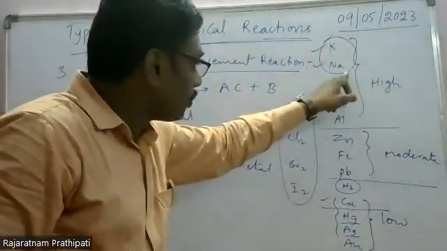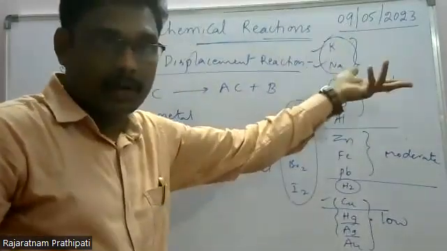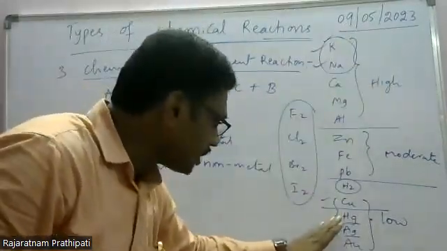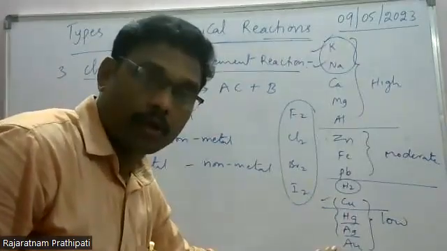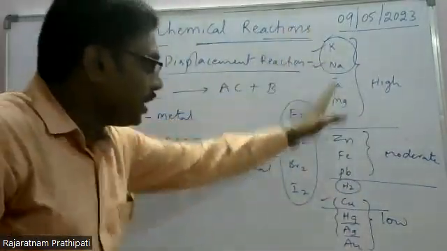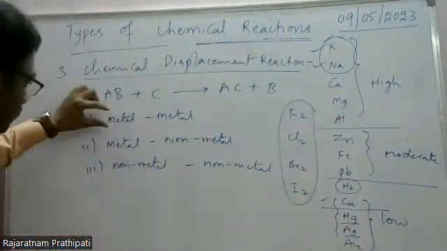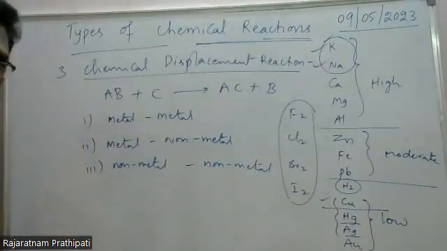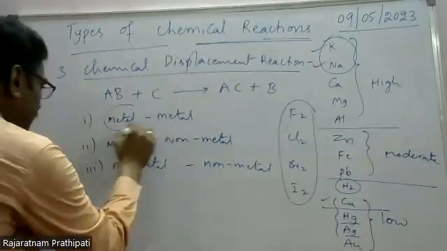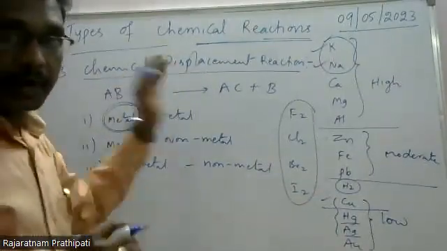Here, sodium, potassium, calcium, magnesium, aluminum, these are more reactive metals. Here, copper, silver, gold, mercury, these are low reactive metals. So, activity top to bottom decreases. So, in this metal-metal displacement reaction, here, high reactive metal always displaces low reactive metal.